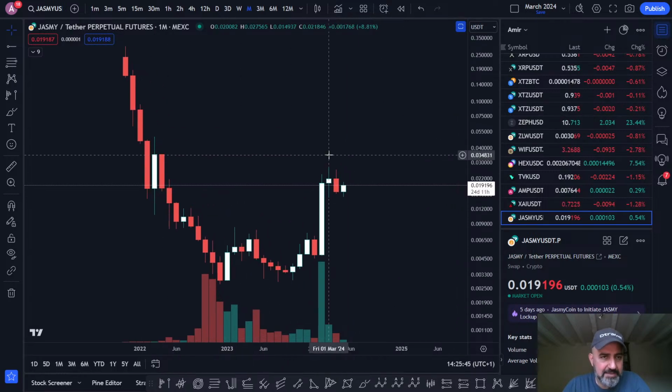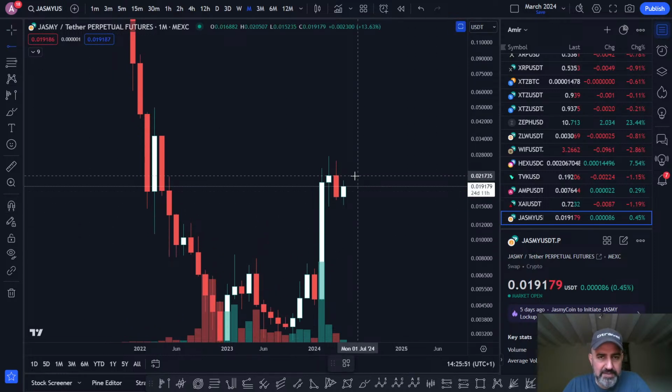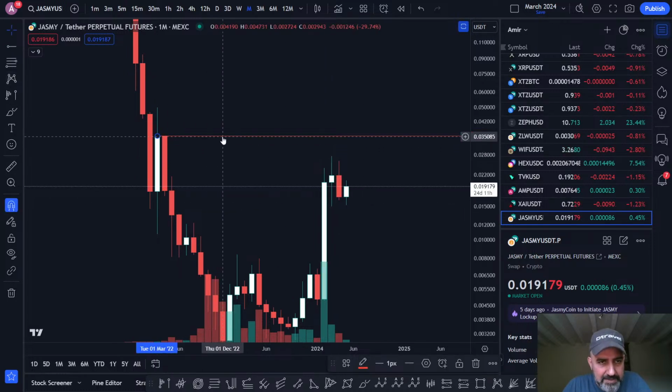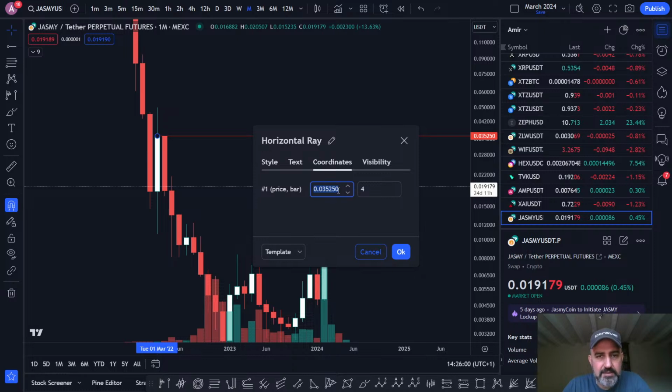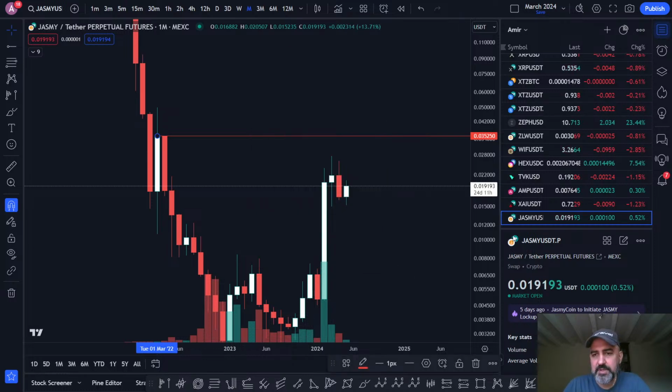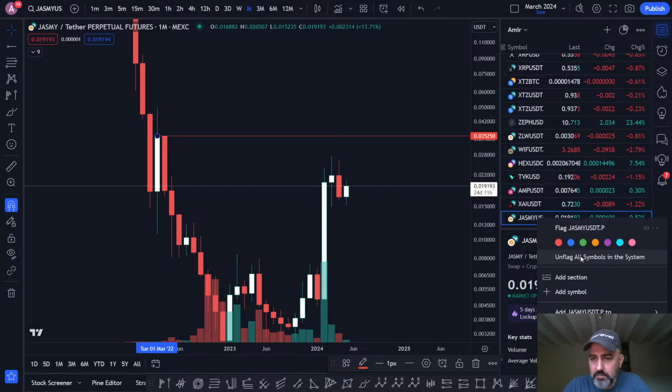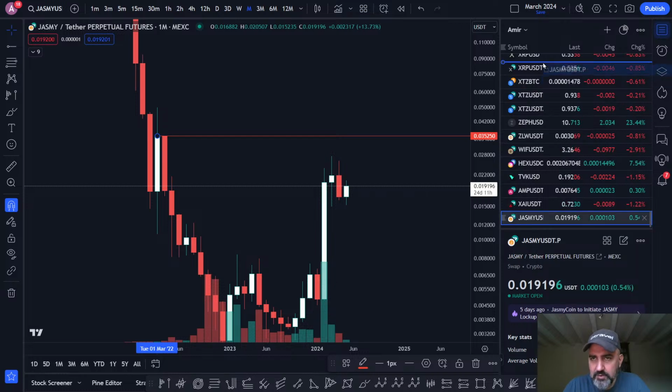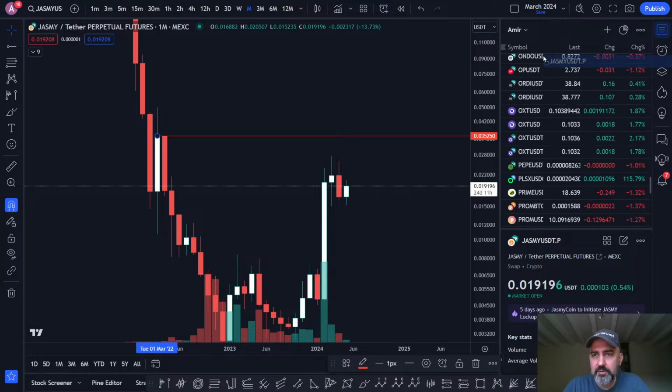So on MEXC, you can see that there's a monthly level that is relevant. And the previous month, this last month, has put in a level too. So we have a couple of levels, but this is the one that I want from MEXC. It's at 0.03525. Let me just copy that across. Move to section. How do I move this? Drag it all the way up. Okay, let me just do that quickly again.